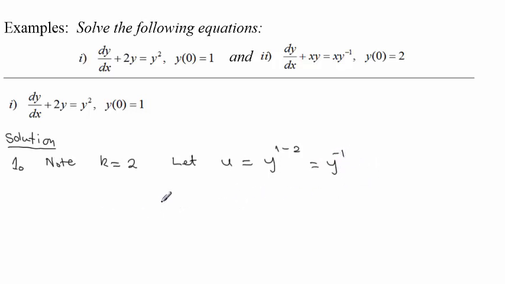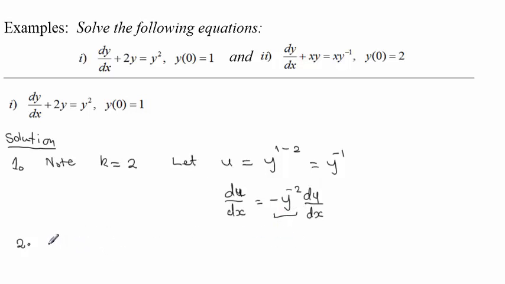Then doing the differentiation, du dx will be minus 1 y to the power minus 2 multiplied by dy dx. Then our next step will be to multiply the whole equation by this factor here.